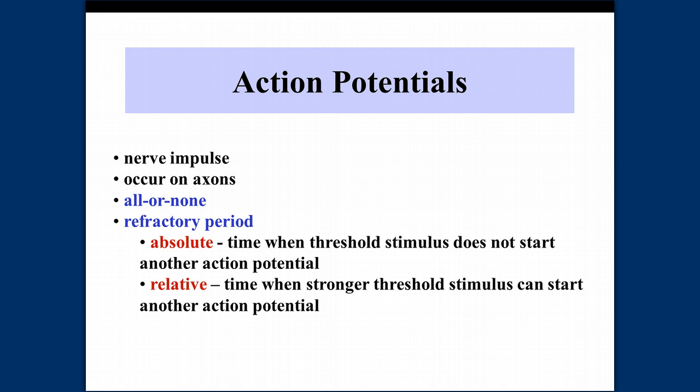So we've got to reestablish that. What happens is that the voltage-gated potassium channels close, and then you have the sodium-potassium pumps and those leakage channels that help to move the sodium from the inside of the cell membrane to the outside, and the potassium from the outside to the inside, and then we start all over again.